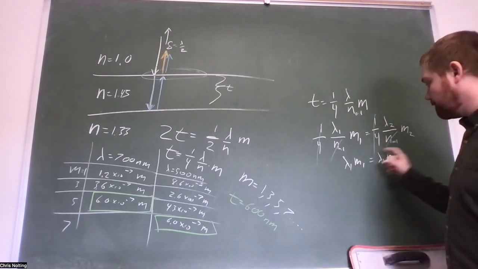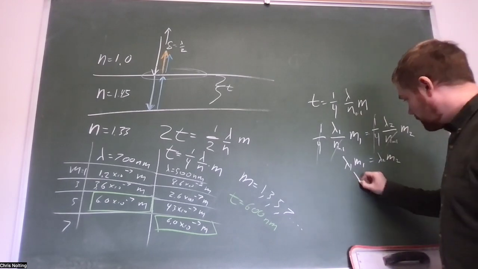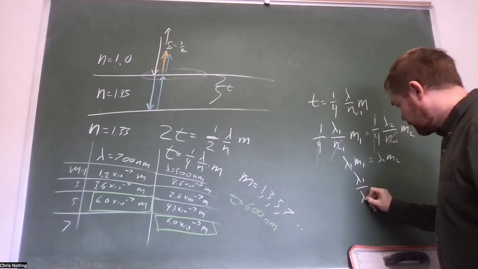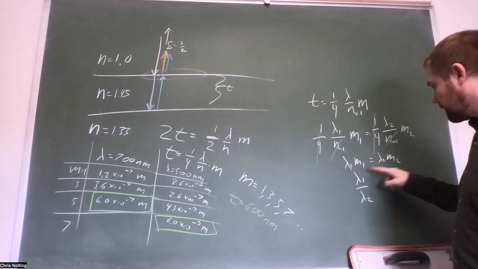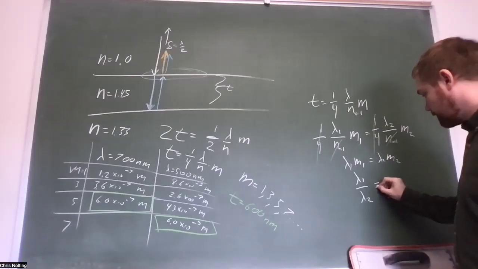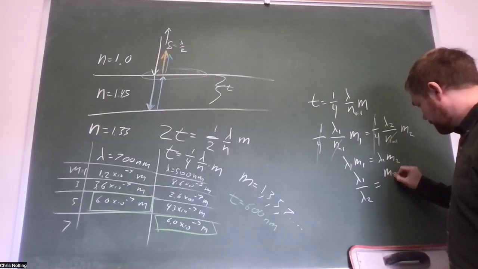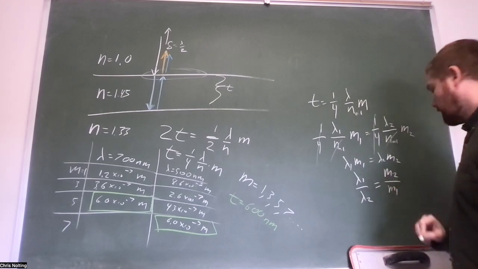So I'm going to put the lambdas on one side of the equation and the m's on the other. Let's say lambda 1 over lambda 2. So I'm just dividing lambda 2 to this side. I'll then have to divide m1 to the other side as well to get m2 divided by m1.